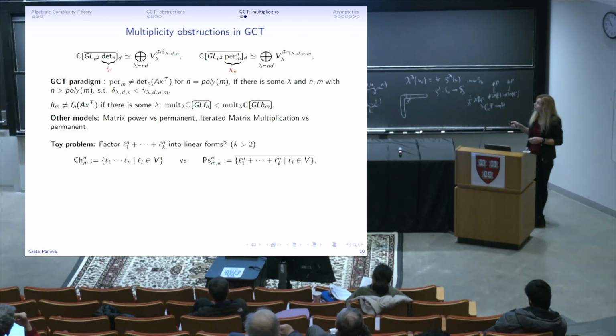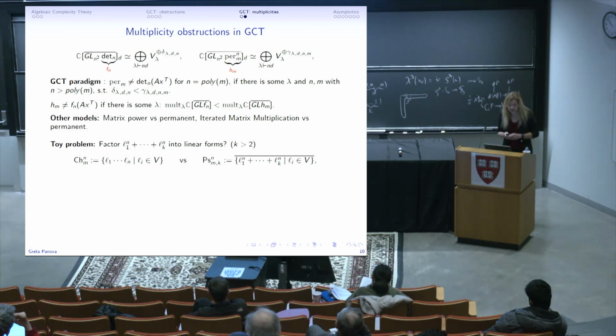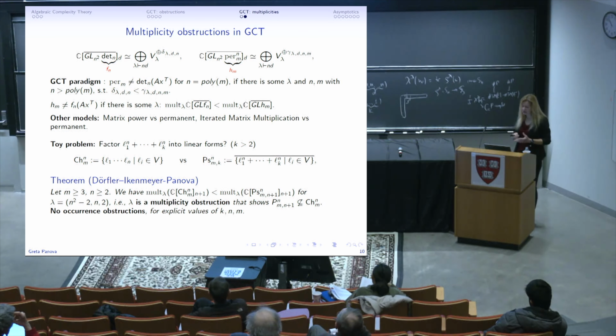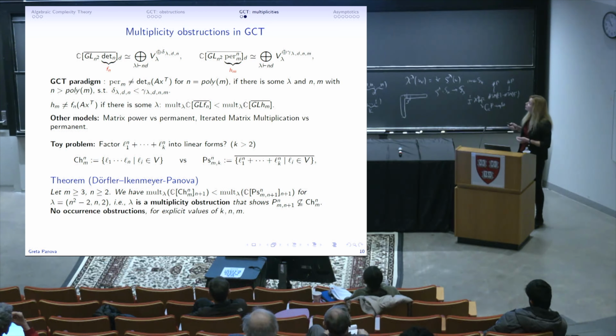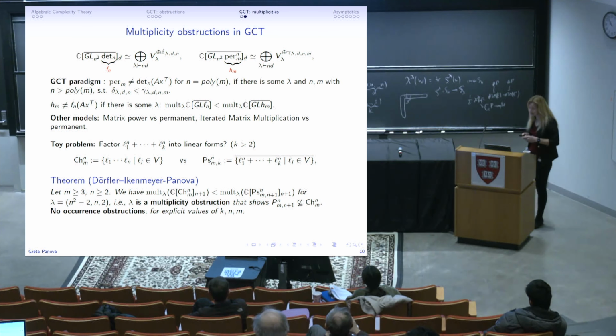This is actually closed already, and we can take the power sums and take this orbit closure. So this is going to be our analog of the determinant orbit closure and the permanent orbit closure that we were doing, and we can compute them with the GCT paradigm. Again, we can try to find some lambda which shows up in one with smaller multiplicity as opposed to the other.